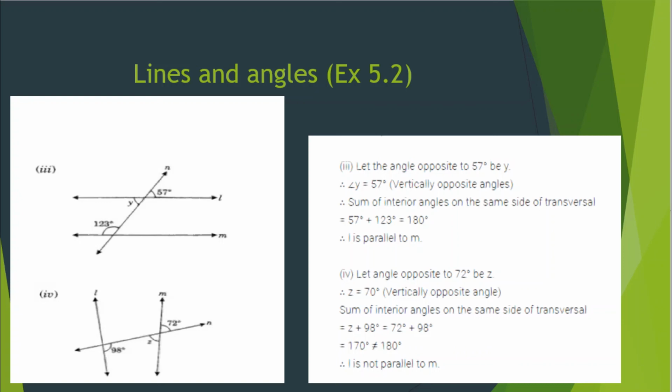Z is equal to 70, vertically opposite. So z plus 98 is equal to 170, which is not equal to 180. So L is not parallel to M. Moving to the next question.